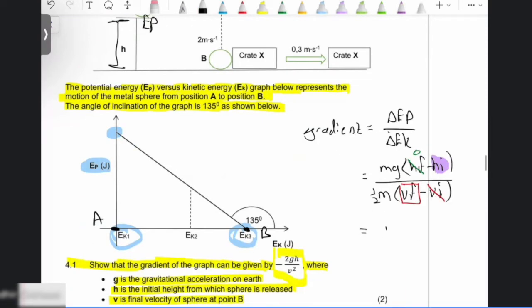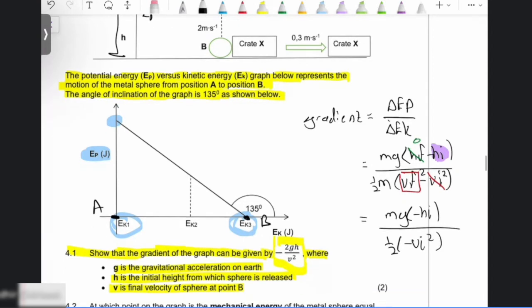So what we're left with is h final minus h initial all over a half into v final minus v initial, and obviously, sorry guys, each one should be squared.